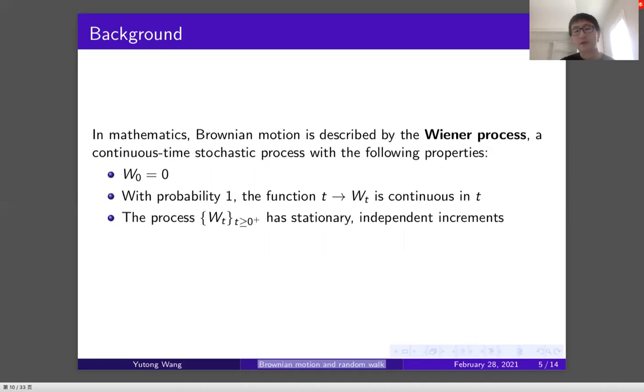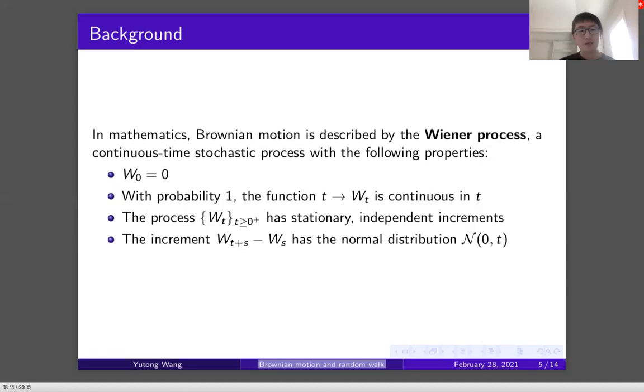The third property is that the process Wt, whenever t is greater than or equal to 0, has stationary independent increments. There is no definition for t less than 0; that is meaningless. So the last property is about the increments.